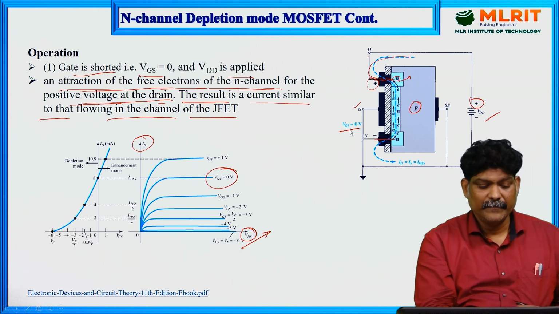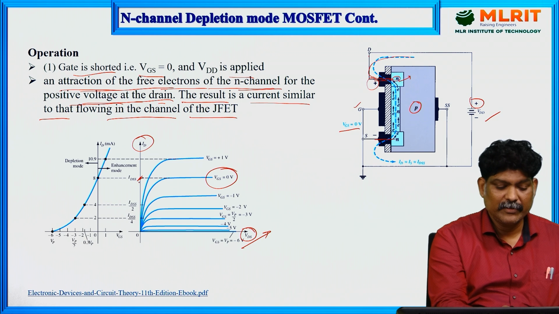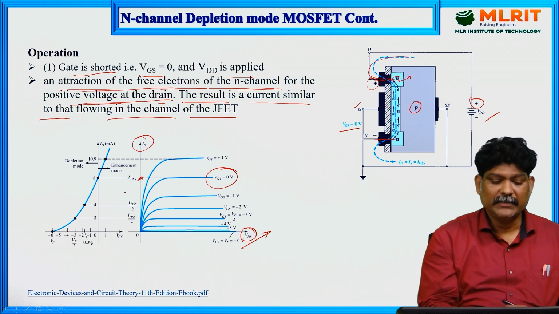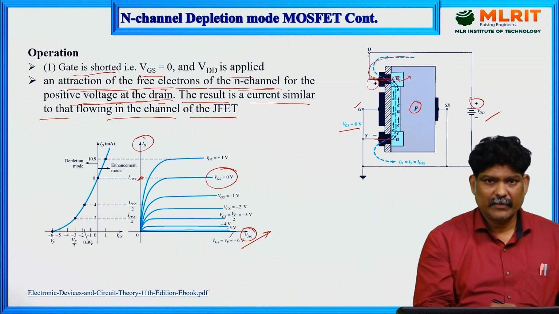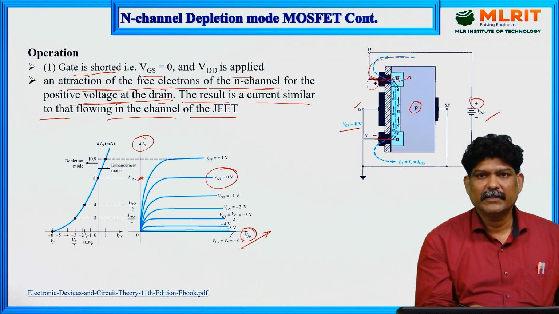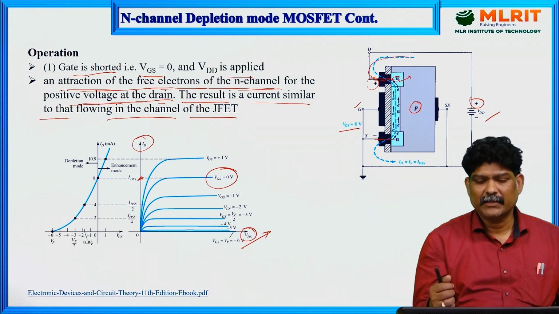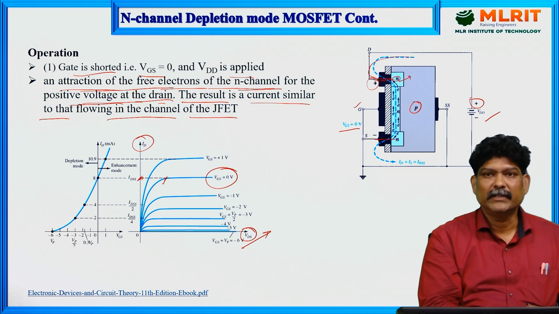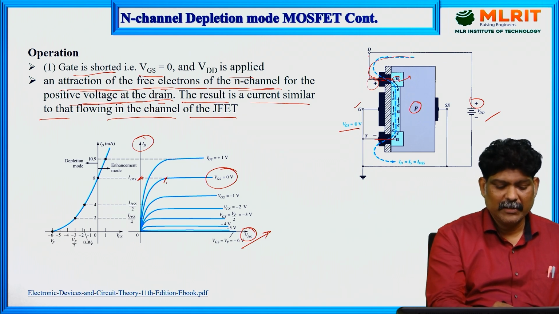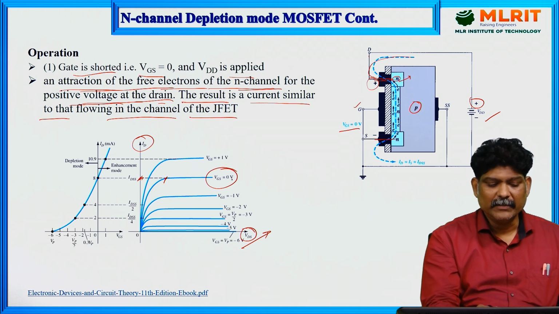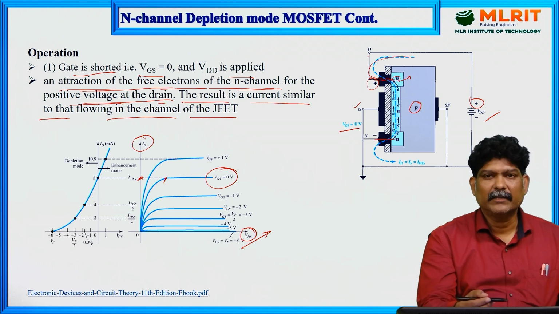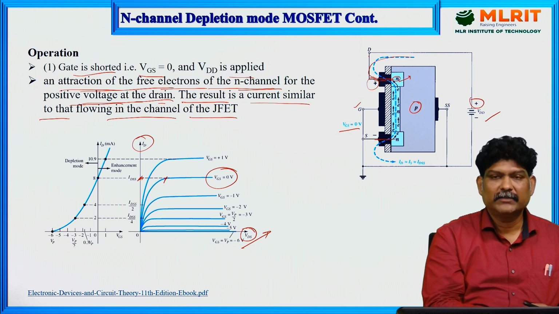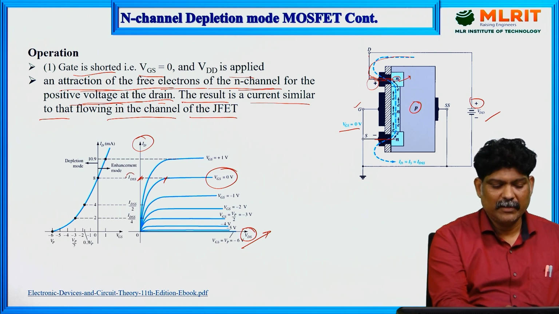When VGS is equal to 0, the current reaches its saturation level, which means the depletion region takes place. The depletion region increases, and the drain current reaches some saturation. That saturation current is called IDSS.